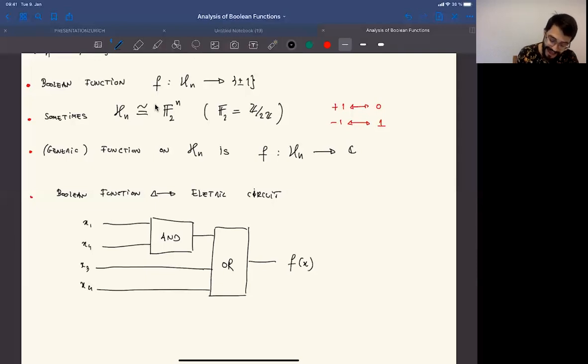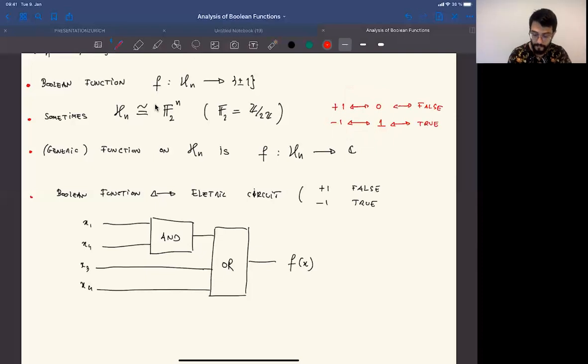Okay, and here we are making the map, and for this we have to make a certain convention. We say that plus 1 means false and minus 1 means true, which in the same token, when you do this mapping with 0 and 1, you also map 0 to false and 1 to true.